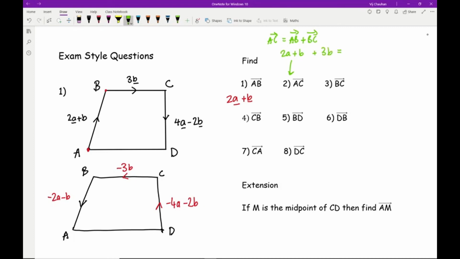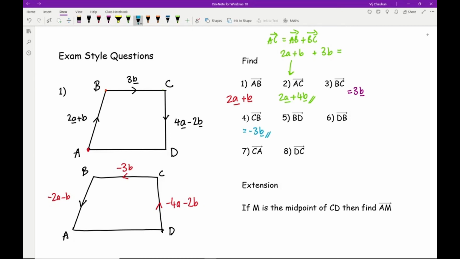Now if I use my knowledge of collecting like terms, then this is going to give me a final answer of 2A plus 4B. And then to get from B to C, that's just going to be simply 3B. Now to get from C to B, I need to use the second diagram, so I'm going to go in the opposite direction of the arrow on the diagram, so I need to change the sign of the vectors, so that's going to be minus 3B.